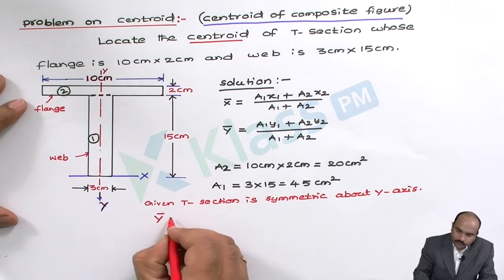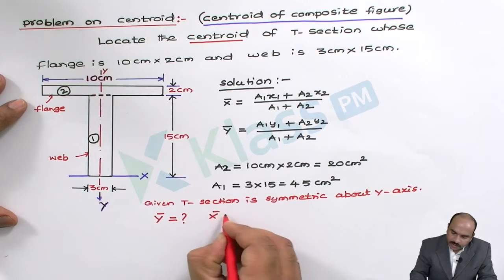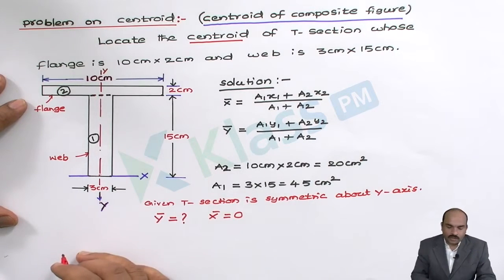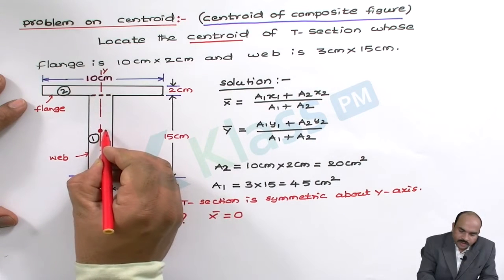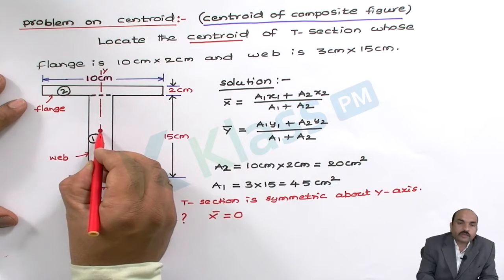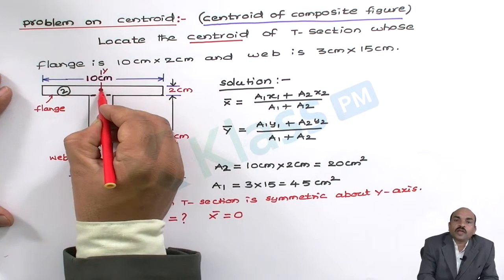So we have to calculate only y bar, whereas x bar will be 0. Because if we take this as the center of rectangle 1, x1 will be 0, and this is the center of rectangle 2, x2 is 0.